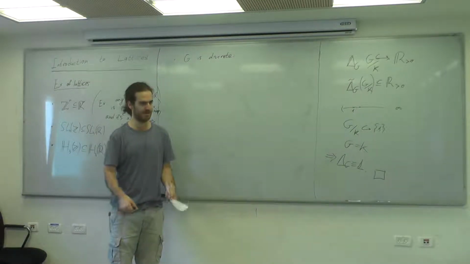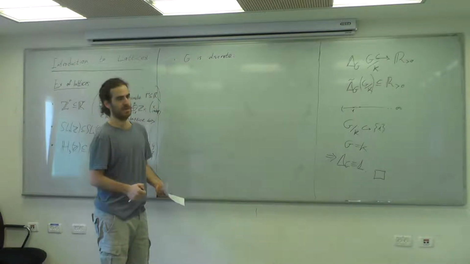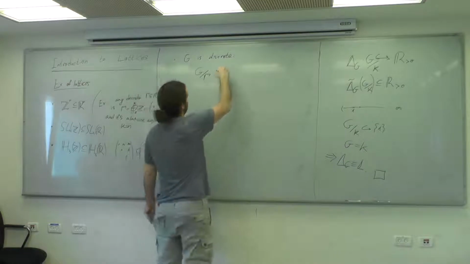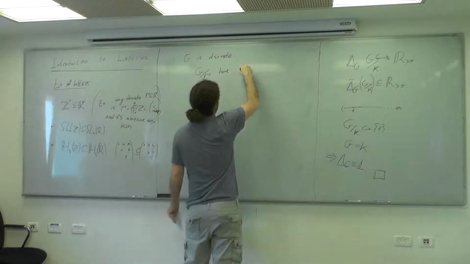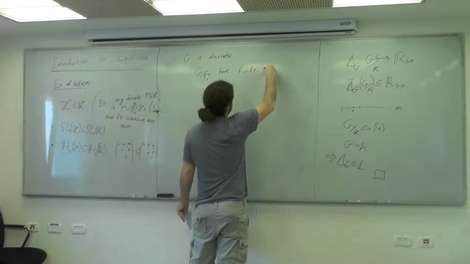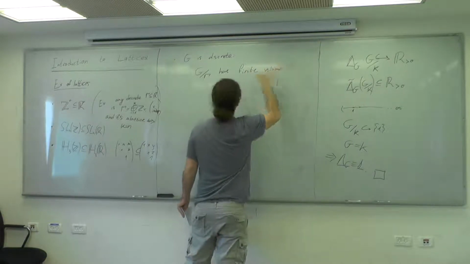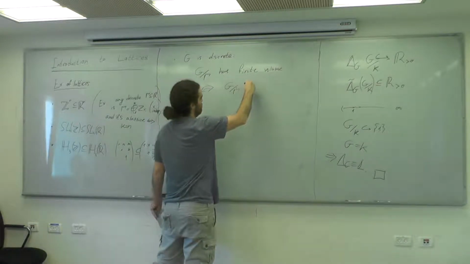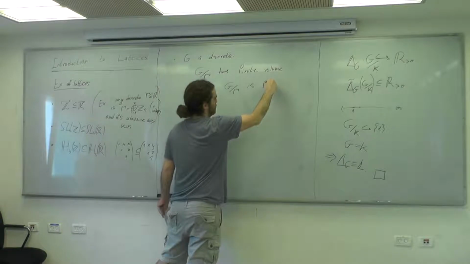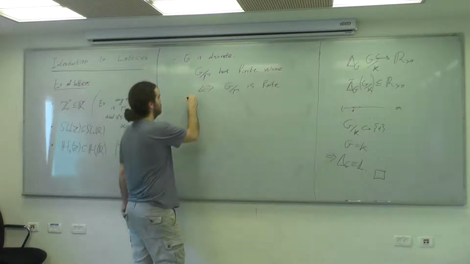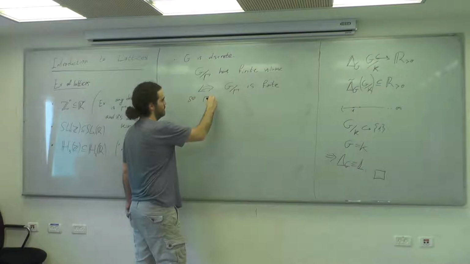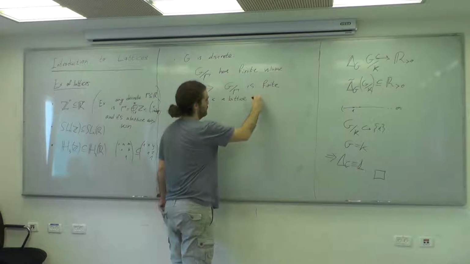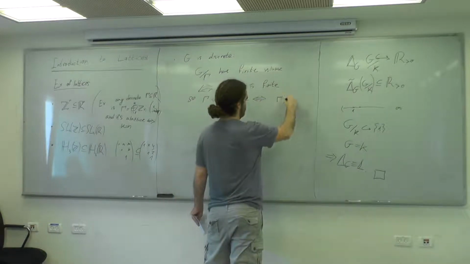It will have a counting measure, which is left invariant. So G mod gamma has finite volume if and only if G mod gamma is finite. So gamma is a lattice if and only if gamma has finite index.